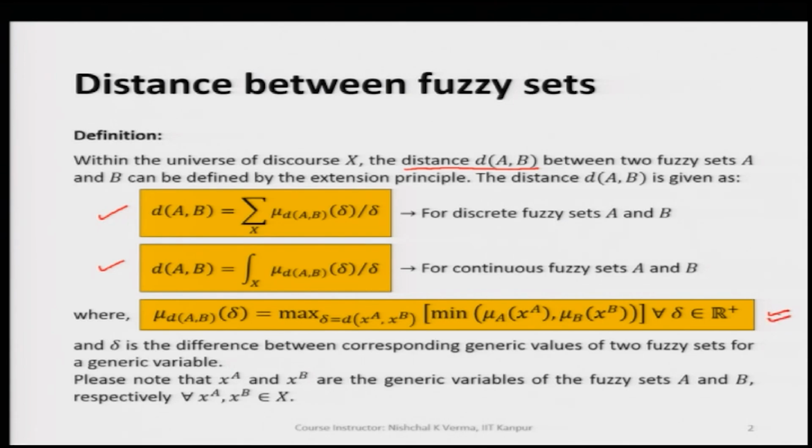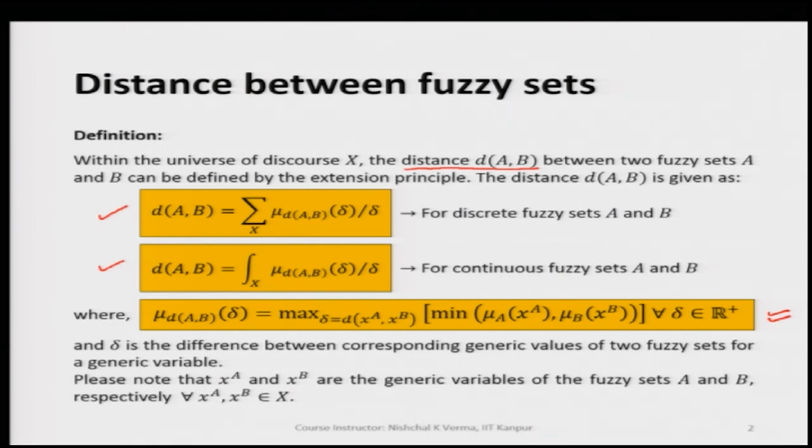This expression helps us find it: it is the max over delta equal to d(x_A, x_B) of the min of mu_A(x_A) and mu_B(x_B), for every delta belonging to R plus.